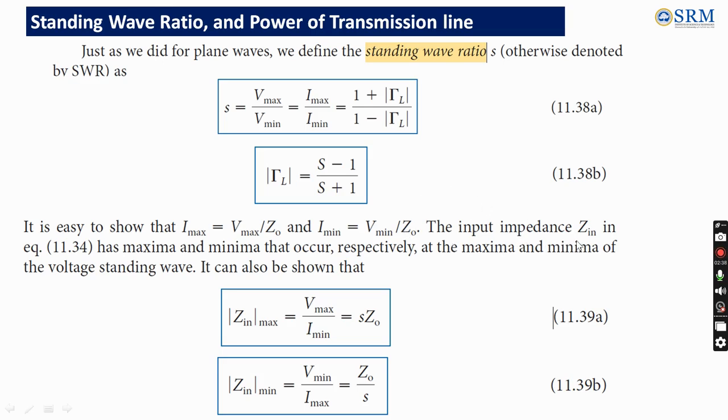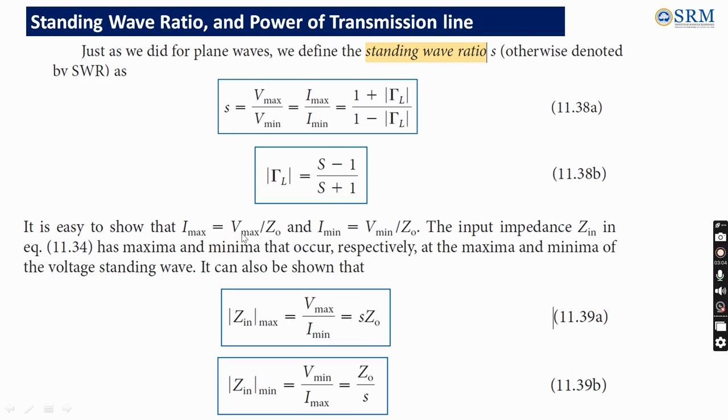Generally, input impedance has a maximum and a minimum value, which occur at the maximum and minimum of the voltage standing wave. Whenever the voltage wave has its maximum value, I get the maximum magnitude of input impedance, which is V max by I min. When voltage is maximum, current is minimum, and that is equal to S into Z naught.